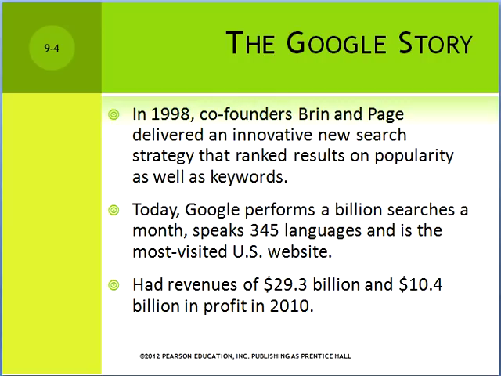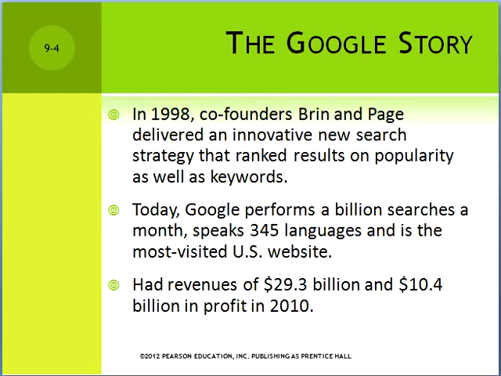So it was not a brand new product in itself, and they were able to use the infrastructure of the internet that was available for them. However, the product which they launched was an innovative new search strategy that ranked results on popularity as well as the keywords.